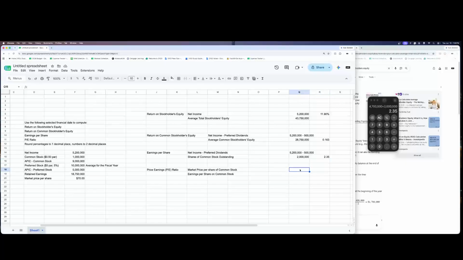So to calculate the price earnings ratio, you need the market price per share of common stock. Okay. The market price per share of common stock is $70.